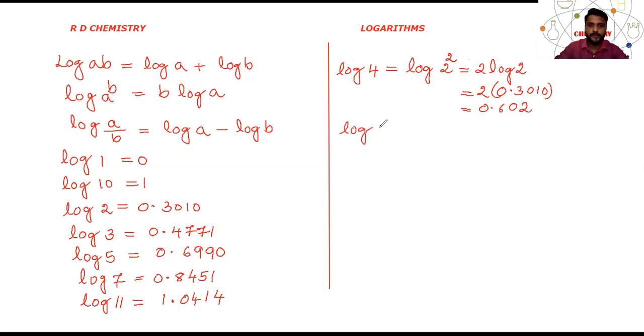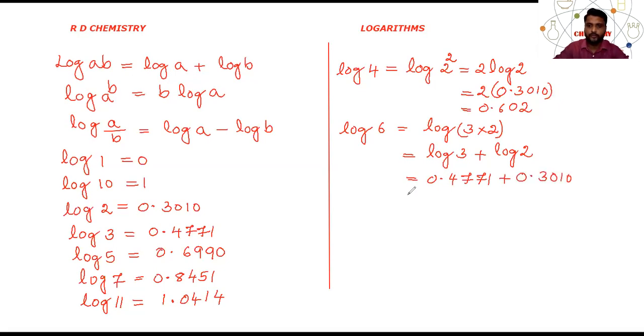Log 6 can be written as 3 into 2, which we split: log 3 plus log 2, which is 0.4771 plus 0.3010. So we have log 6 is equal to 0.7781.